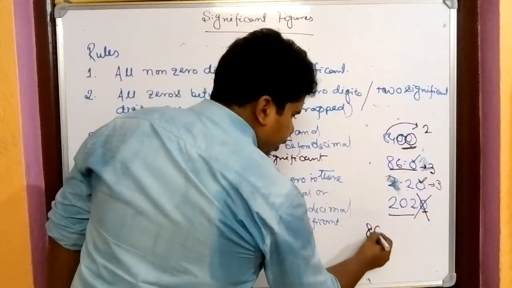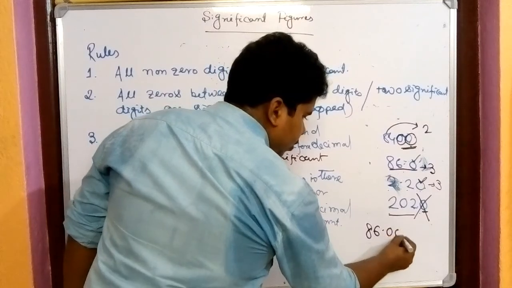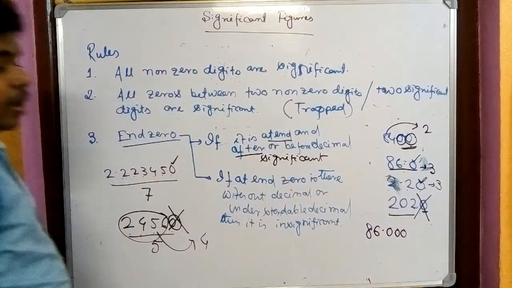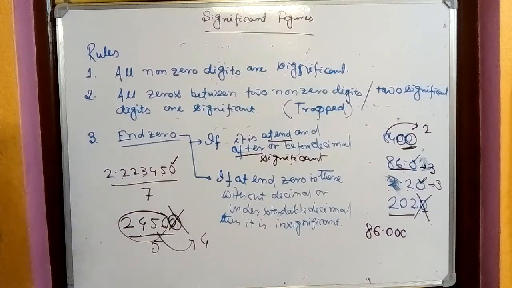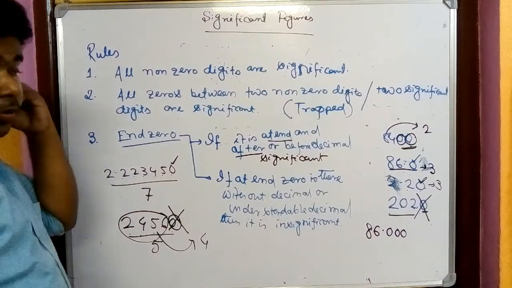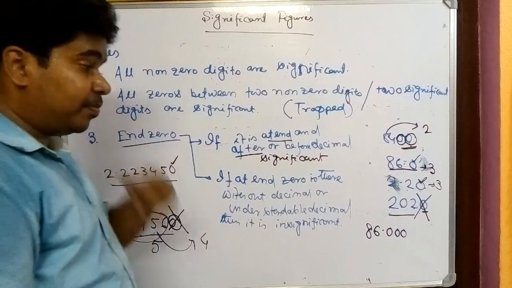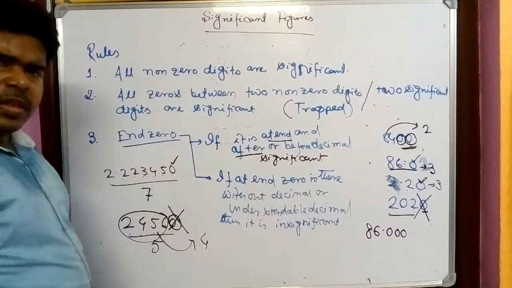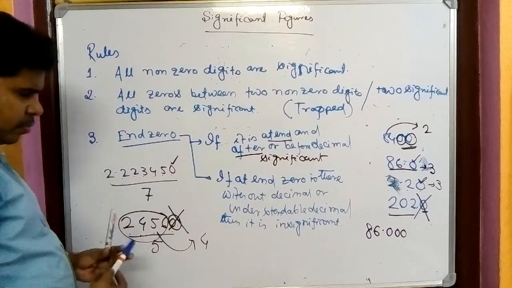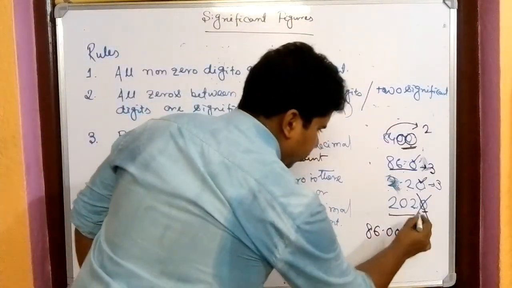Assume 86.000. What is the number of significant figures here? Let's see. How do we understand? The end is 0, yes.